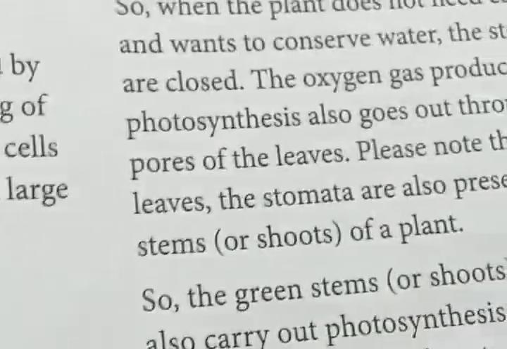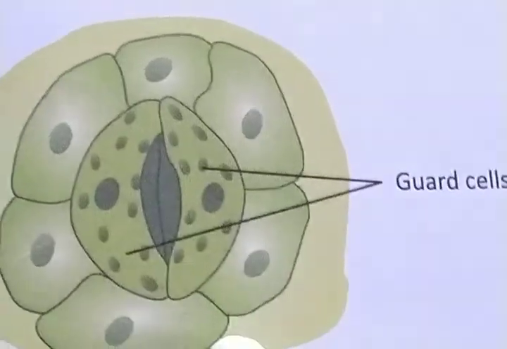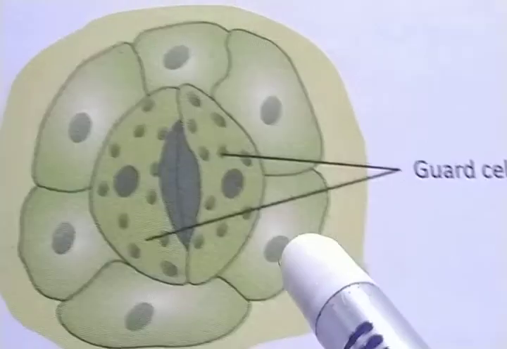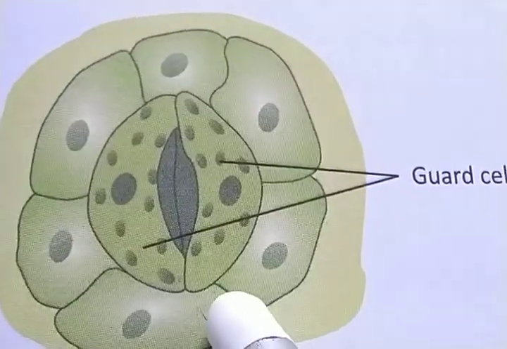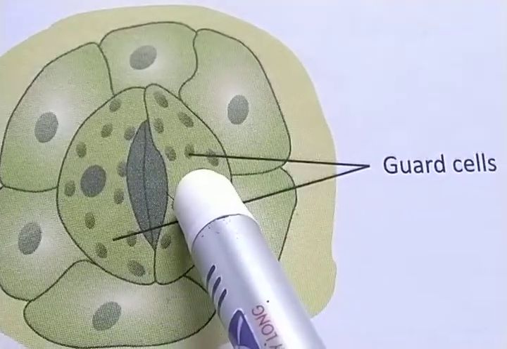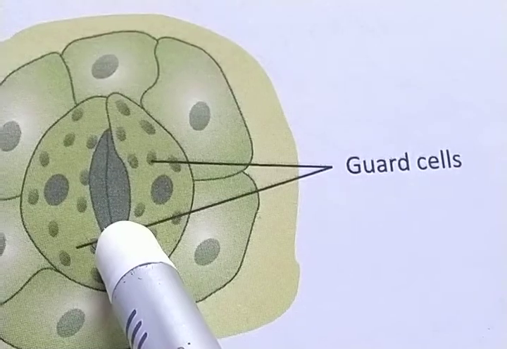So basically, when carbon dioxide is needed for photosynthesis and green plants want to conserve their water level inside their body, then the guard cells shrink and control the opening of stomata.